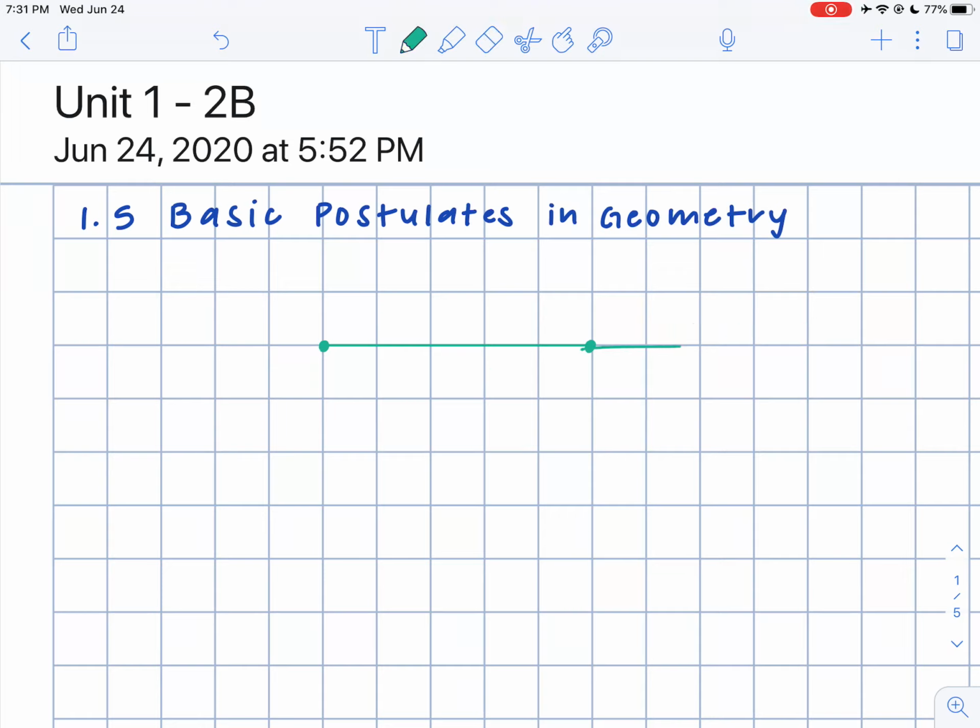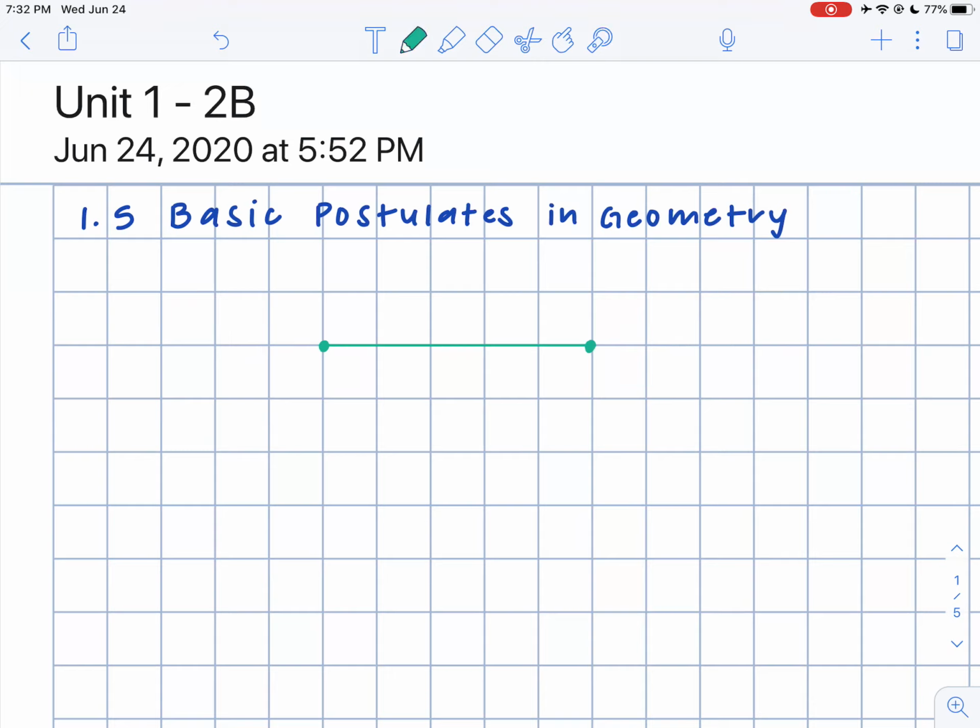Now, what if it did continue past the points, and it just continued on forever and ever, into infinity? We would call this a line. It is now a line, and again, we can get into naming later, but I just wanted to show you. So this is a line, and it will continue on forever in both directions, okay?